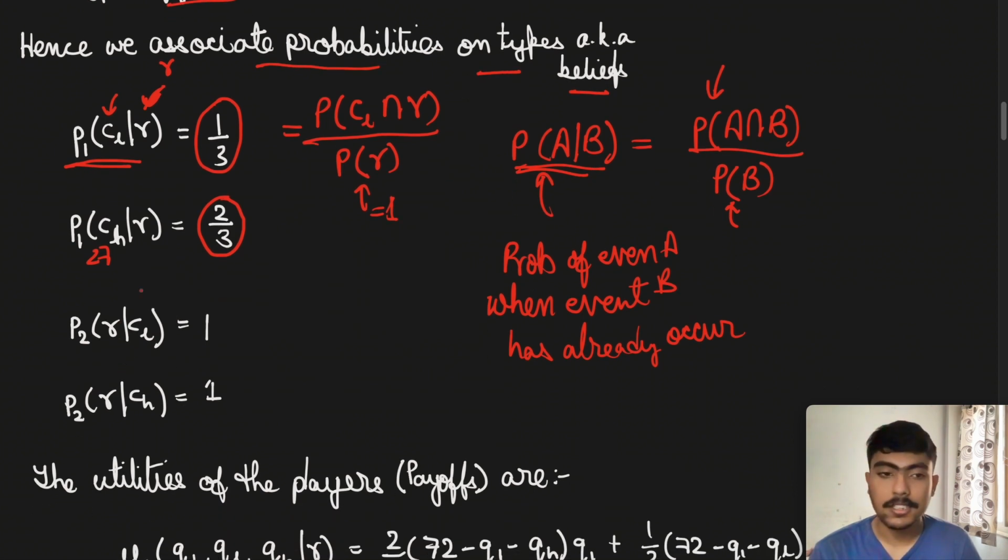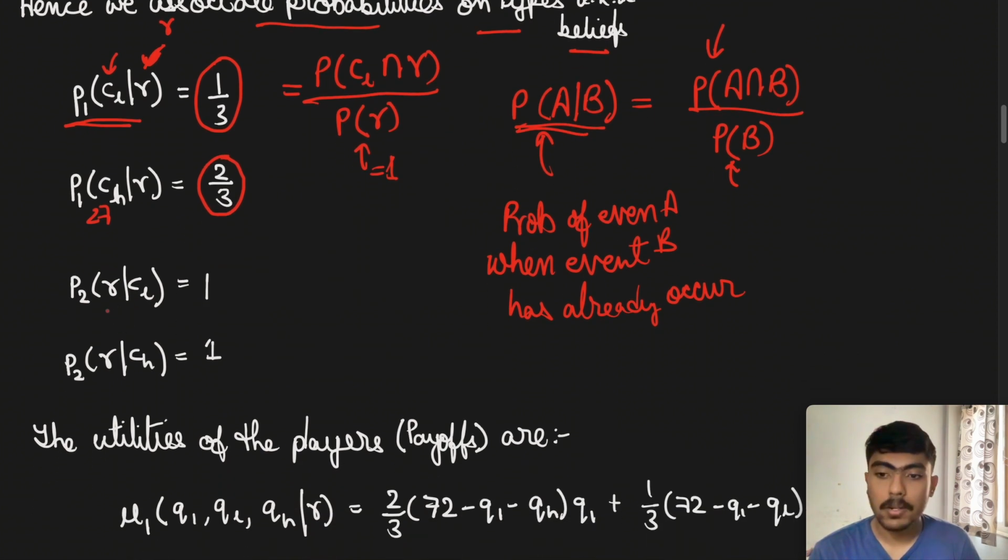Once that is done, we come to player 2's beliefs. We need to associate beliefs to both of them, since this is a Bayesian game. What is the probability that player 1 will play type R when player 2 is playing type CL? It will be 1, because player 1 has only one type. Similarly, for R when player 2 plays CH, it will again be 1.